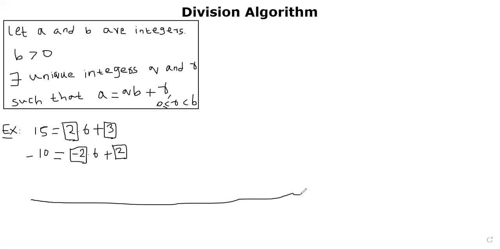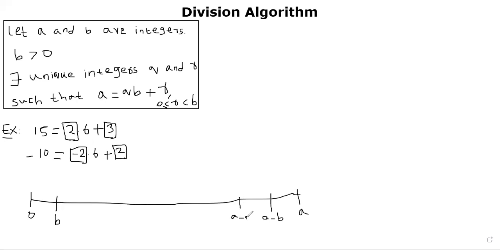It's not a perfect line, but it's a number line. And here is your 0. Let us assume here is your B somewhere, and somewhere here is your A. What we are going to do is keep on subtracting B from A. So this will be A minus B, and this will be A minus 2B, and so on.